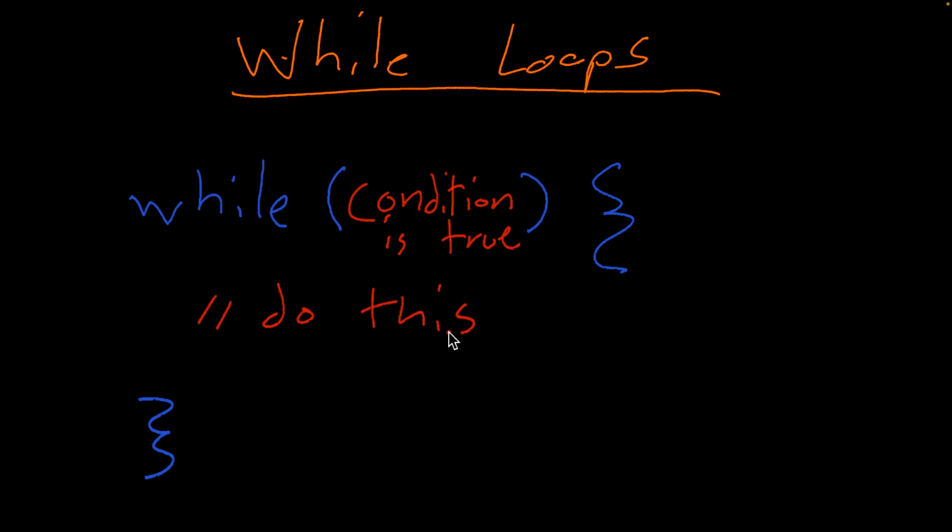All right, so this is how a while loop works. It checks, while this condition is true, we are going to do this. So for example, while the sun is up, I will continue to work. Or while the weather is great, we'll continue to have our picnic outside. So you continually do something while something is true.